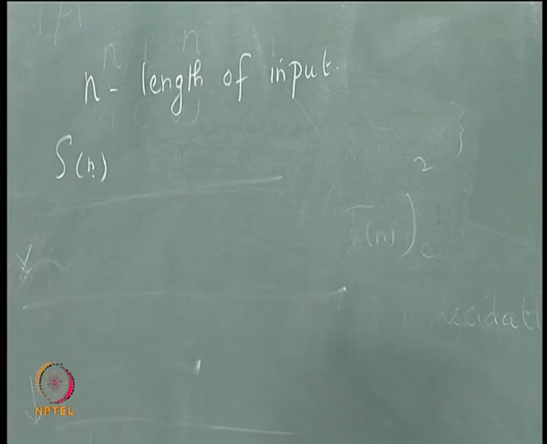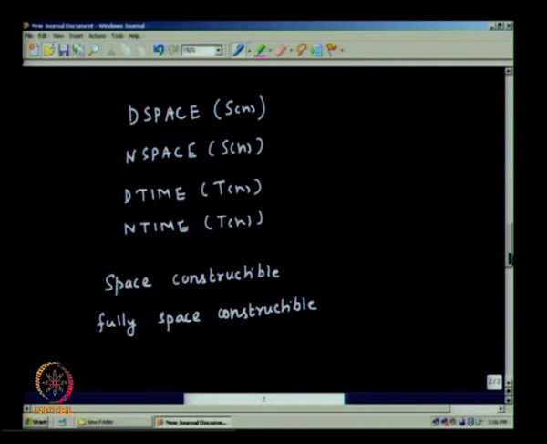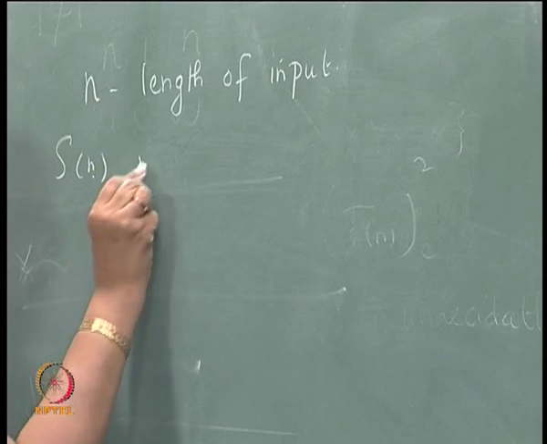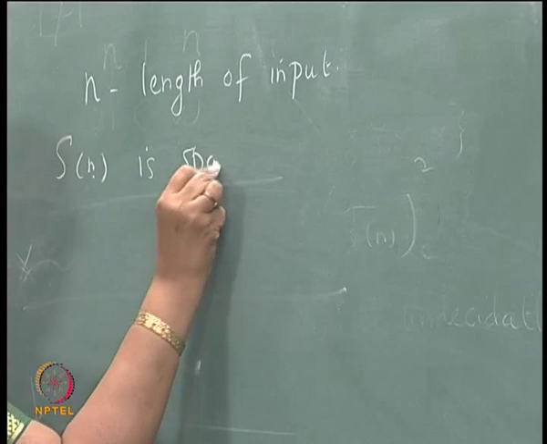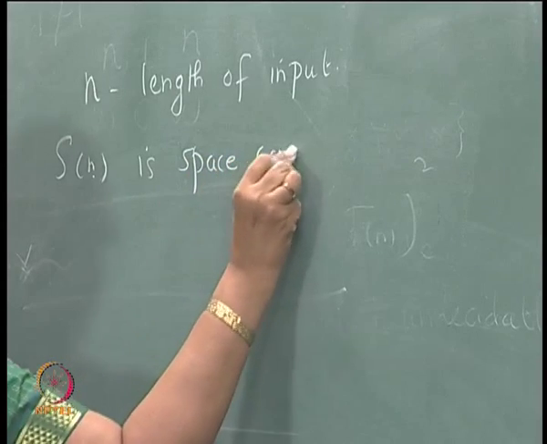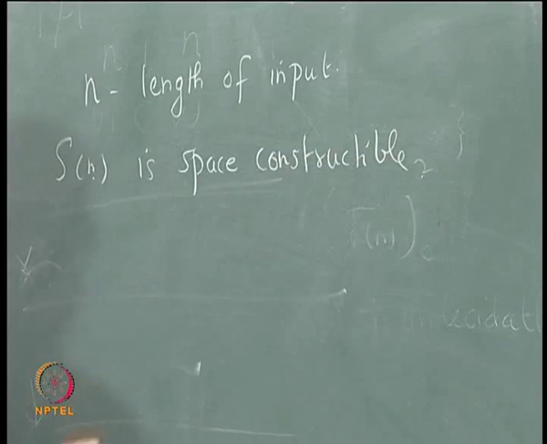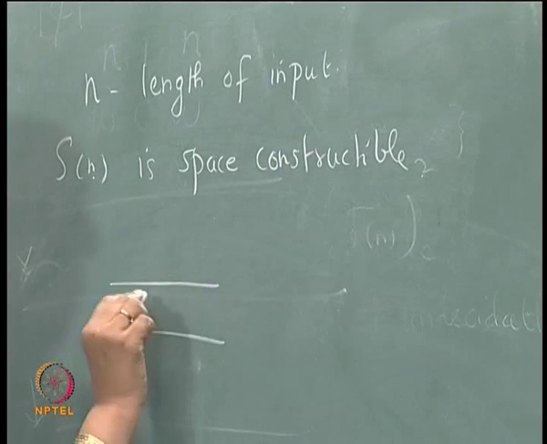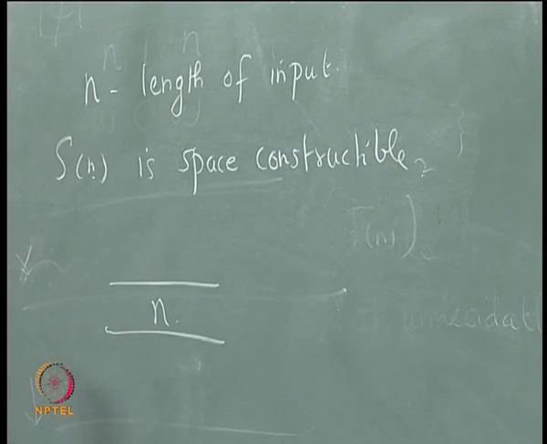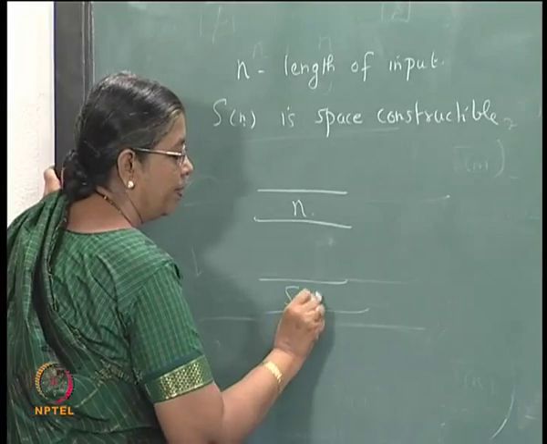When do you say that a function is space constructible? What is the definition of space constructible? S(n) is space constructible if, suppose for n there may be several inputs of length n, at least for one of them it should use S(n) space.